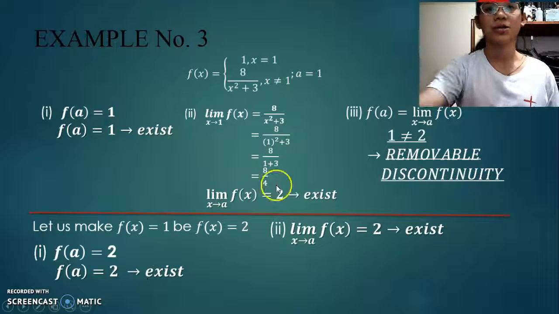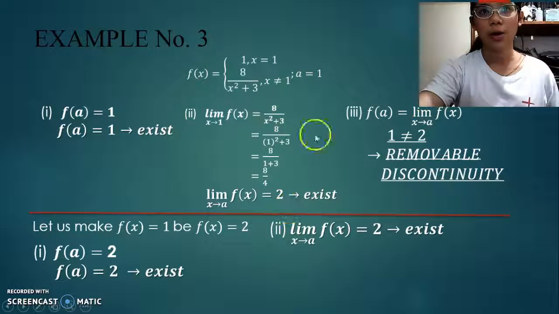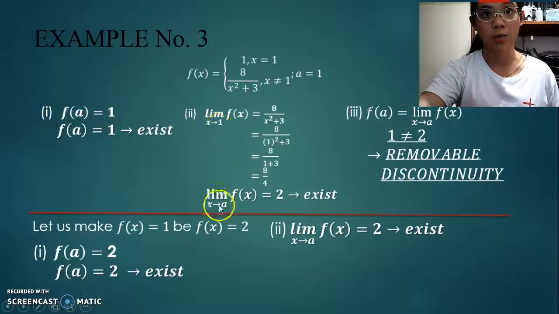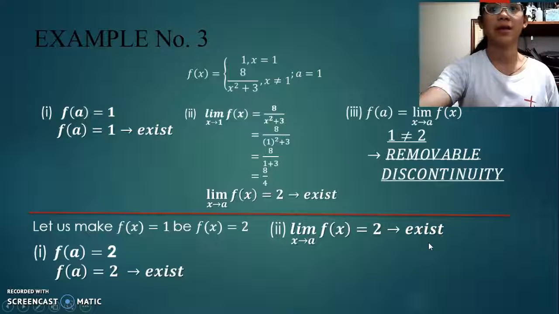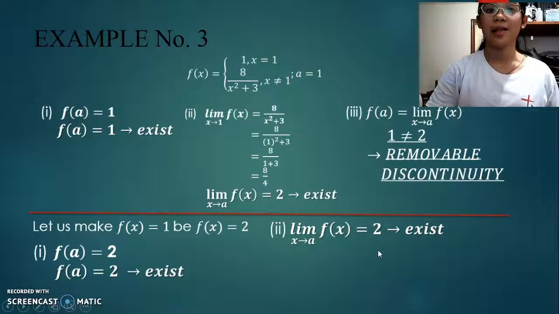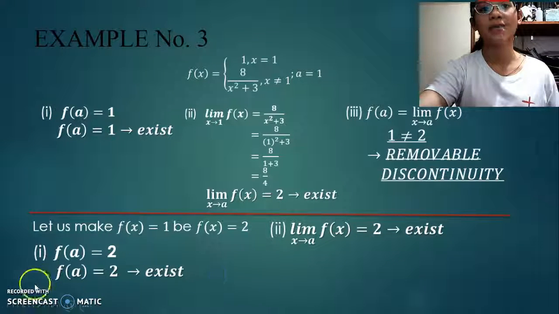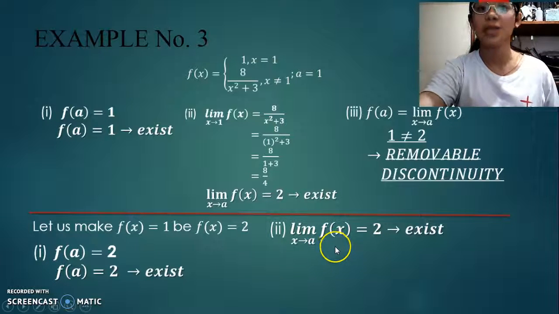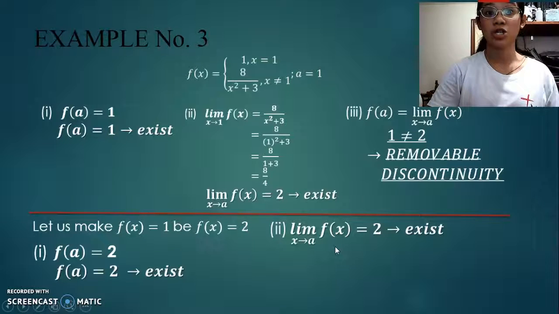Let's proceed to condition number 2. So we all know in this computation that the limit of the function of x where x is approaching 1 or a is equal to 2. And 2 is an existing number. Then, after having these values of f of a and the limit of the function of x where x is approaching a, let us now proceed to condition number 3.